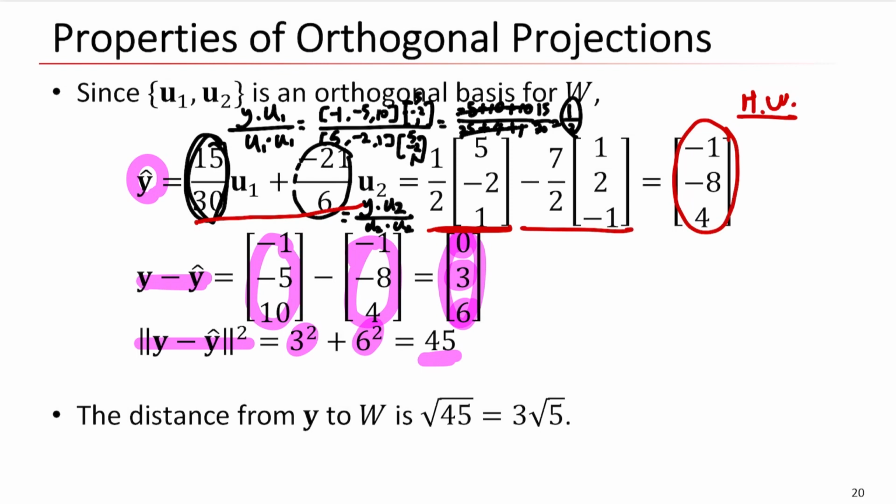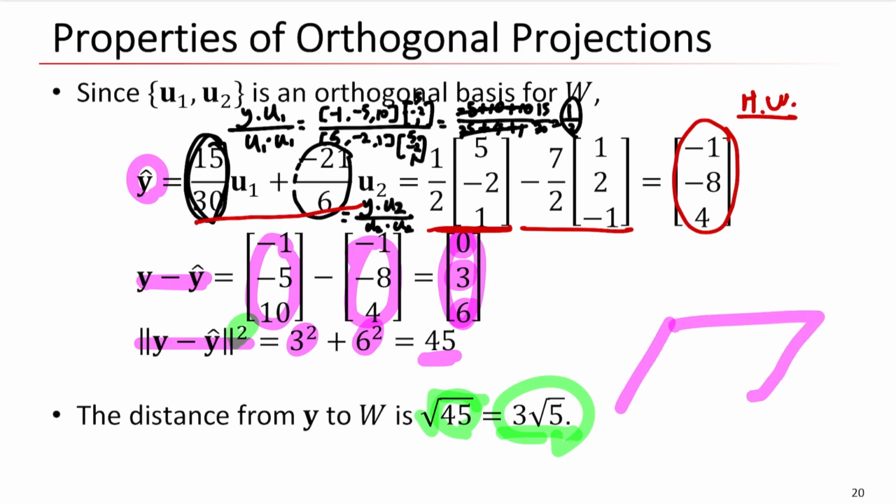So finally, what is the distance from y to W? Because there is a square term here, we have to use the square root. So finally, 3 square root of 5. This will be the distance from y to W. In geometrical view, let me say there is a W here and vector y here. What is the distance between this vector and this subspace W?